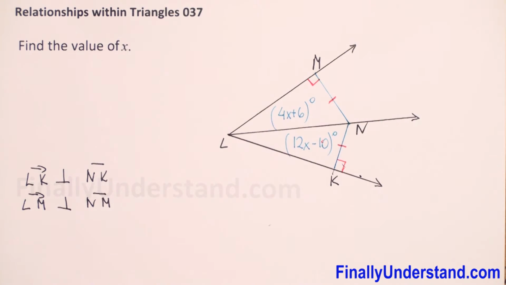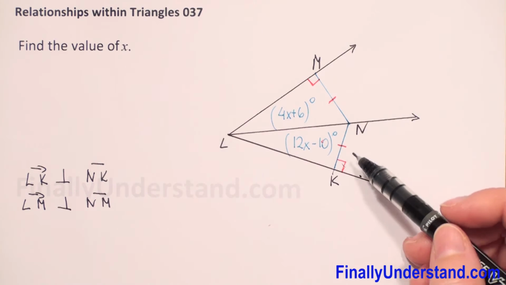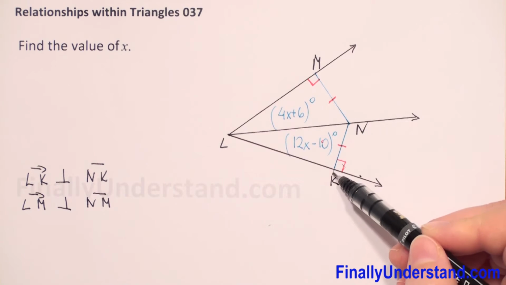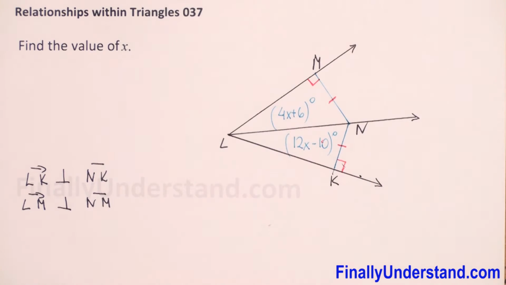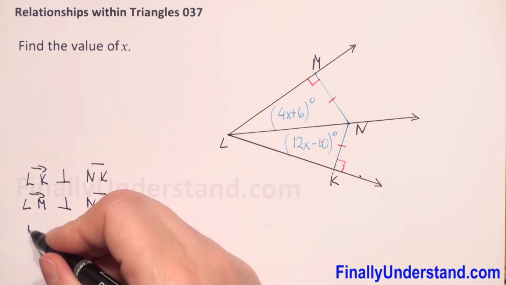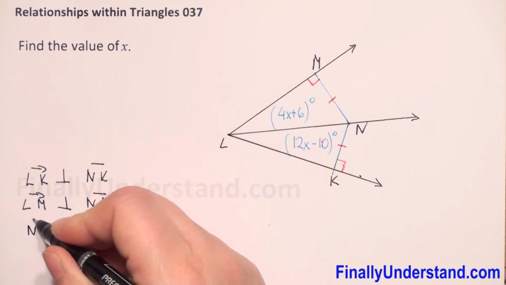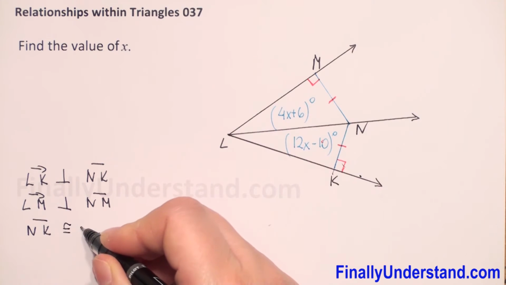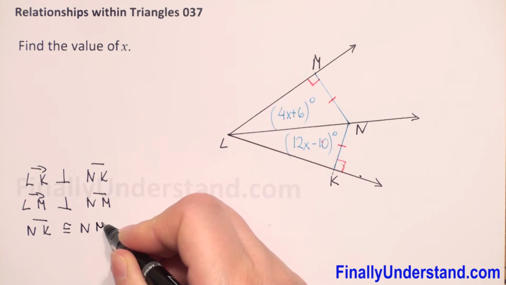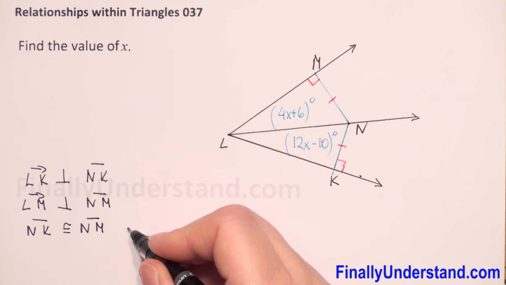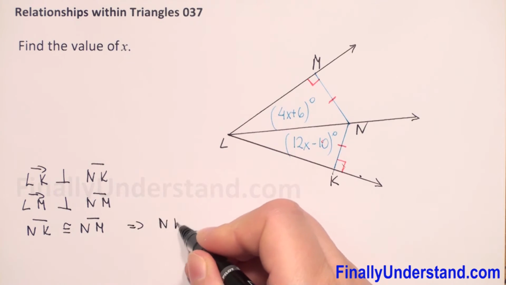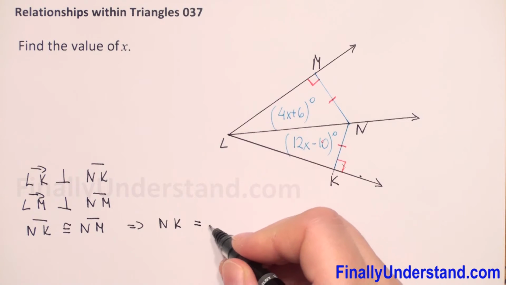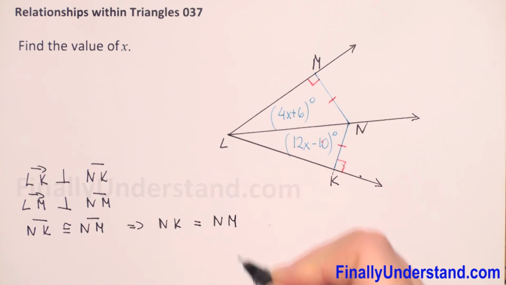So we also have that segments NK and NM are congruent. NK is congruent to NM. So it means that NK is equal to NM.